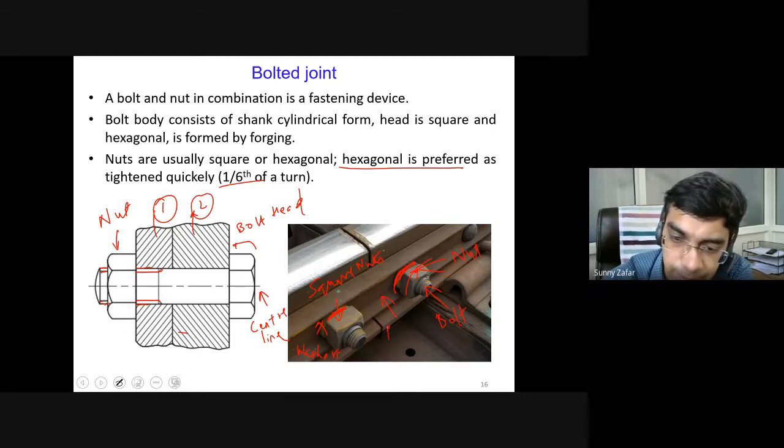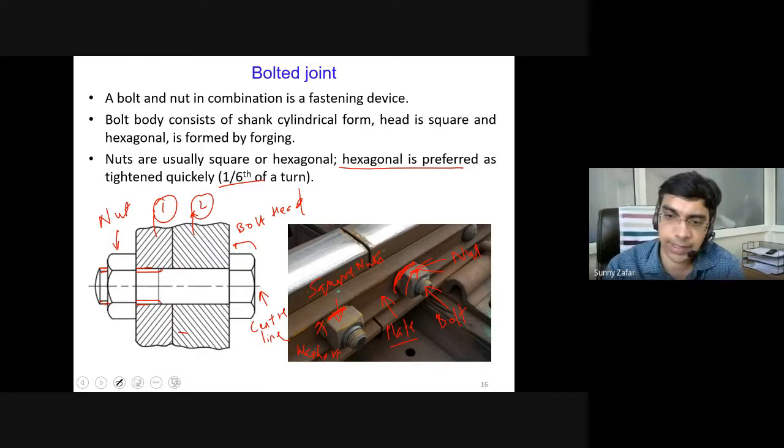Over the course of tightening and untightening, the nut will start eating into the plate, and the plate will get damaged. To avoid that situation, we introduce a washer in between, which does two jobs for us. One is to distribute the force of tightening uniformly, and the second is to prevent the underlying surface from getting damaged because of the tightened fastener.